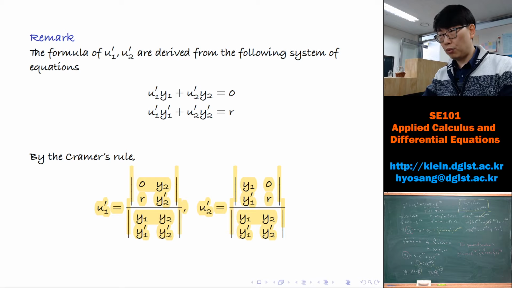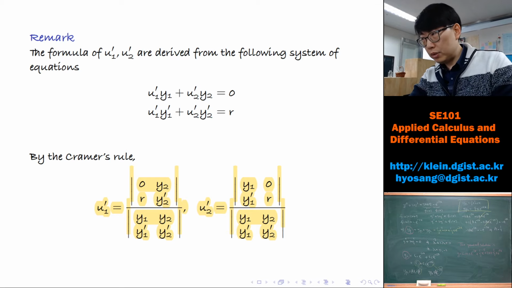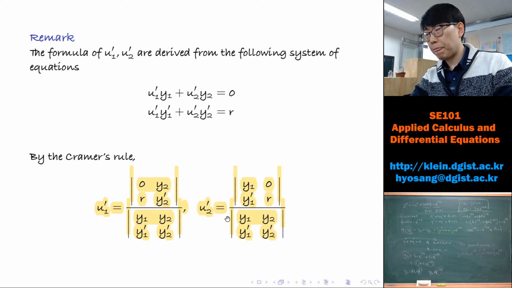Okay, I will show you why this works. Before we go through why this works, you have to at least memorize this formula to apply the method of variation of parameters. So u1 prime is the fraction of two determinants of 2 by 2 matrices.